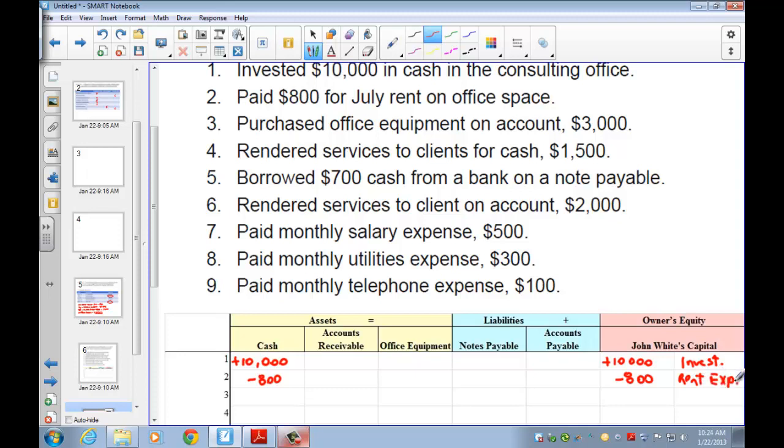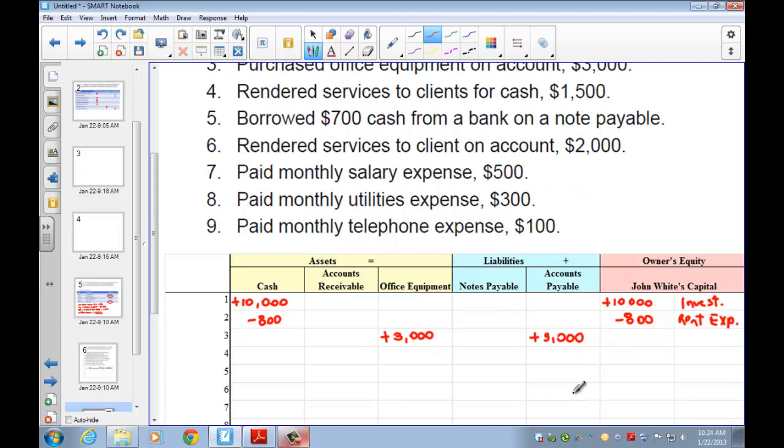The third transaction is he purchased office equipment on account for $3,000. On account means that this will affect our accounts payable. So number 3 would be office equipment plus $3,000, and our accounts payable will also increase by $3,000.